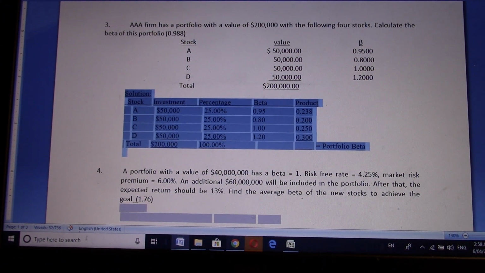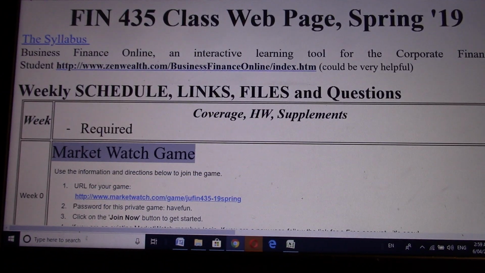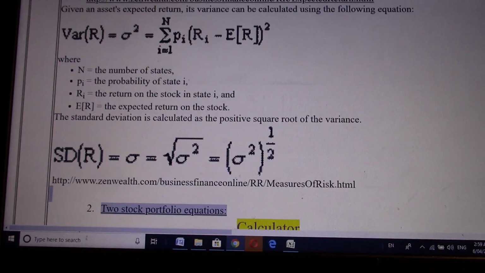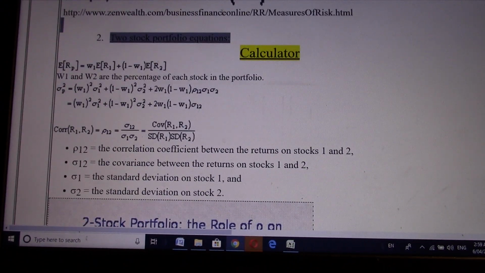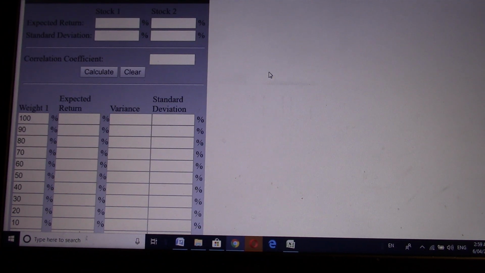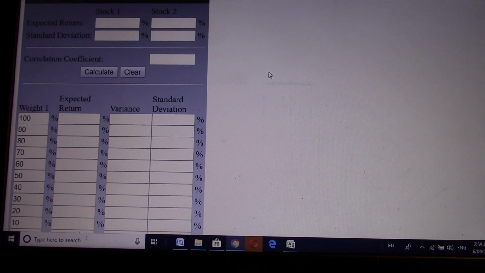I don't think there is a calculator available. There's a two-stock portfolio calculator, but we have four stocks in our example, so we don't use this one.